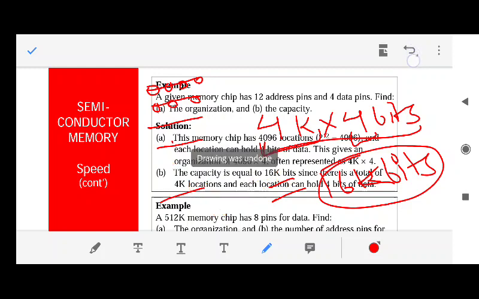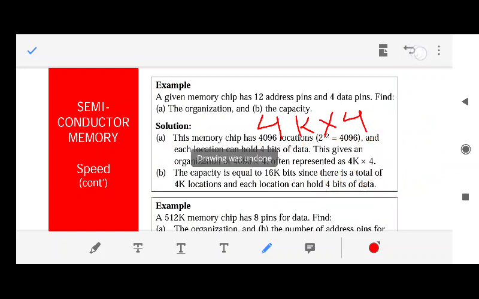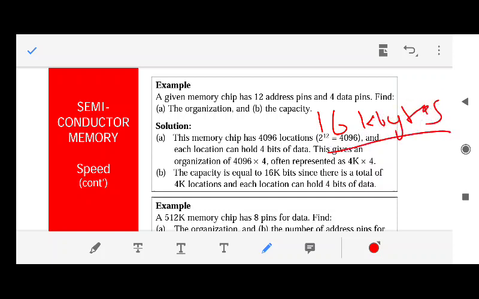What we were doing initially, when I was teaching you the 8051 microcontroller, what I was saying is that the 8051 microcontroller can address 16 kilobytes of memory. How was I saying that?